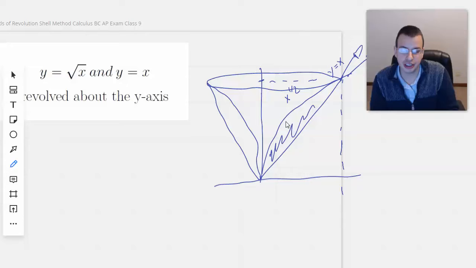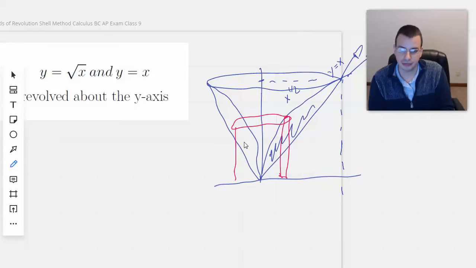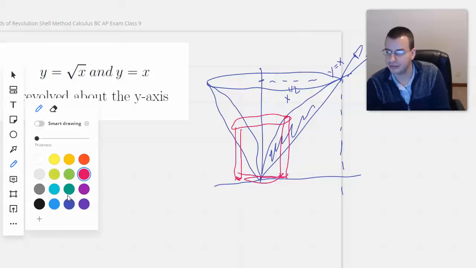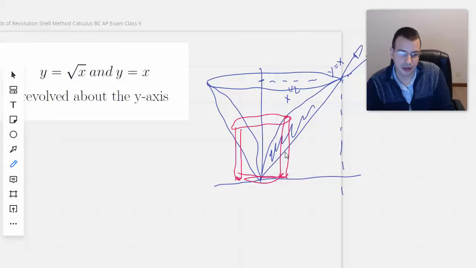So the idea with the shell method is we're going to take this section right here, do a cylinder into just a 3D shape, and that's going to give us the volume of this area, and then we're going to subtract off the cylinder from this area, where the thickness is delta x, because we're going to integrate in this direction.